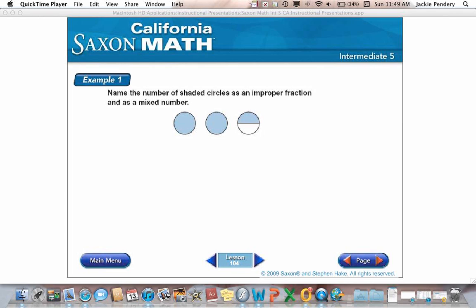Okay, here we have 2 whole circles and half of a circle. So we would write that as the mixed number 2 and 1/2. But I want to turn this into an improper fraction. The way that I do that is my denominator has to be the same for each of my wholes. I have to turn this whole into halves and this whole into halves.